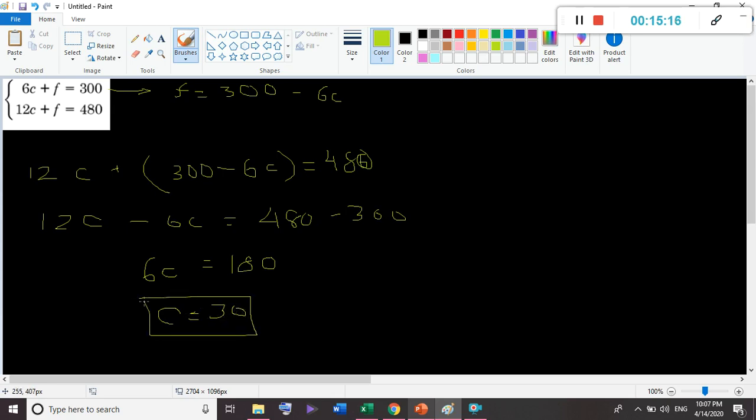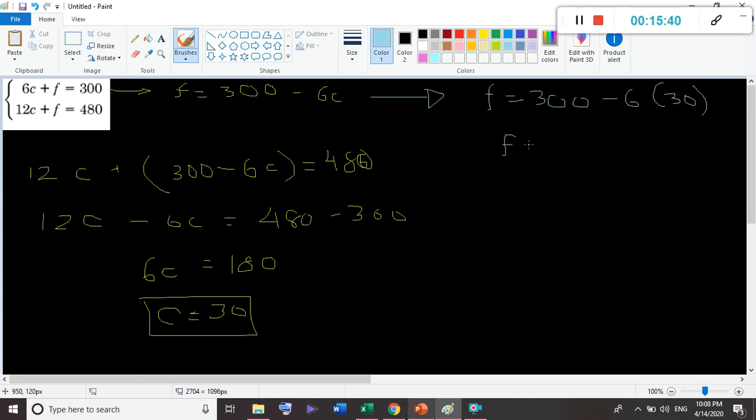So now we found C, which is the cost per lesson. We're going to substitute this into the second equation, or into this equation, so we can find F. So F equals 300 minus 6C. We're going to substitute C here, which is 30.